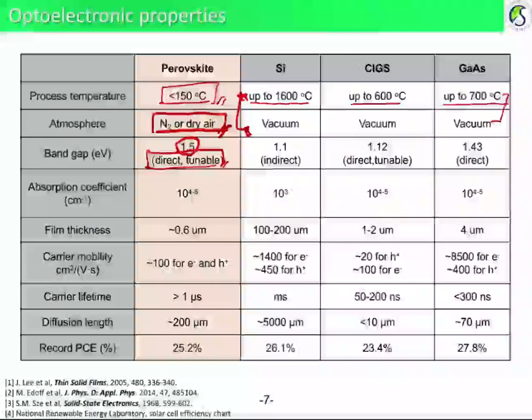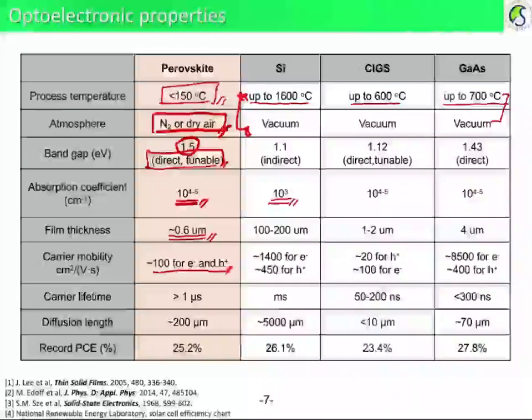And you can see that the absorption coefficient is much higher than silicon, which is an indirect band gap material. And due to the higher absorption coefficient, of course, we can use much thinner films for making high efficiency devices. And the carrier mobility is lower than silicon, but is comparable with the conventional CIGS material.